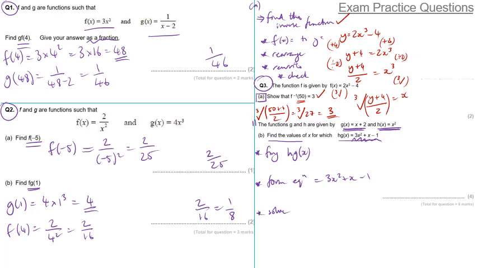You then need to solve this to find x, and it is pretty tricky. You do get a quadratic that you need to factorize, and it's one where you need to split the middle term. So if you haven't tried it already, pause the video, have a go with these steps.